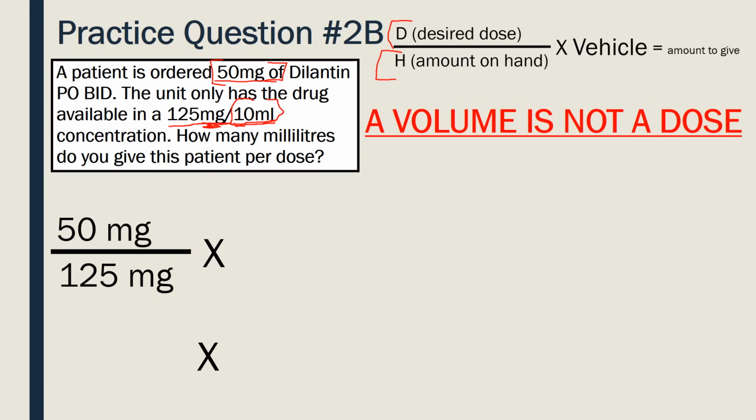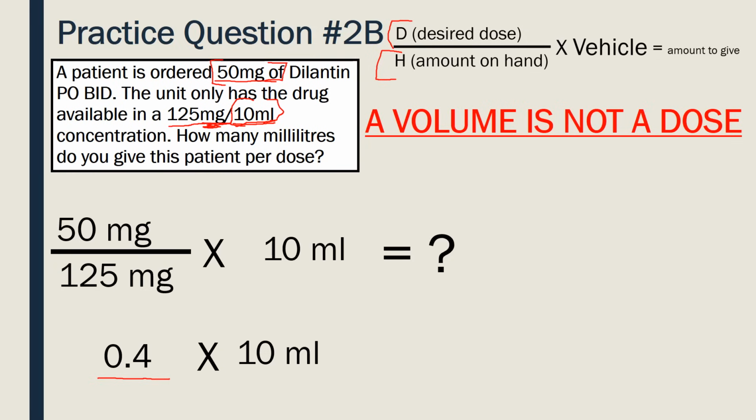The vehicle in this case is 10 milliliters instead of the 5 milliliters we saw in the last question. So this is our formula, and then we just solve it. So 50 divided by 125 is 0.4. Once again, nothing has changed. But we're going to multiply that by 10 this time.